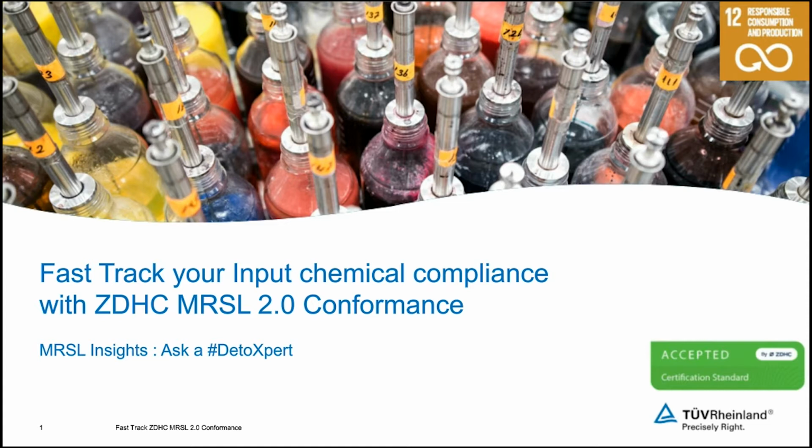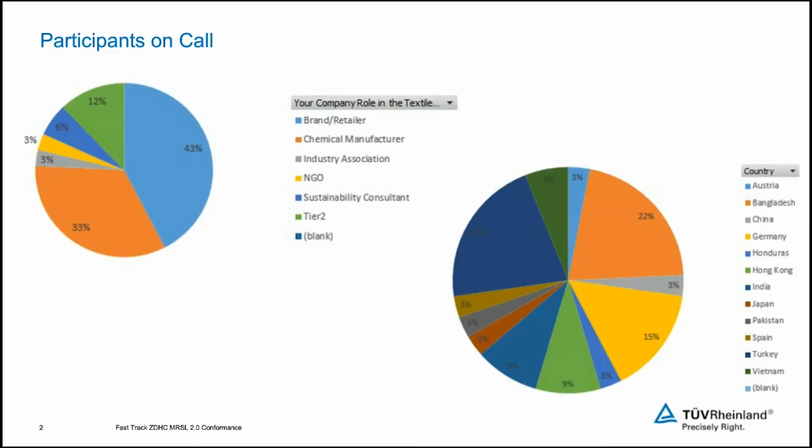As we start off, let's have a short look at who are our fellow participants today. With the chart on the left, we see that we have participants representing various stakeholders from the textile industry.